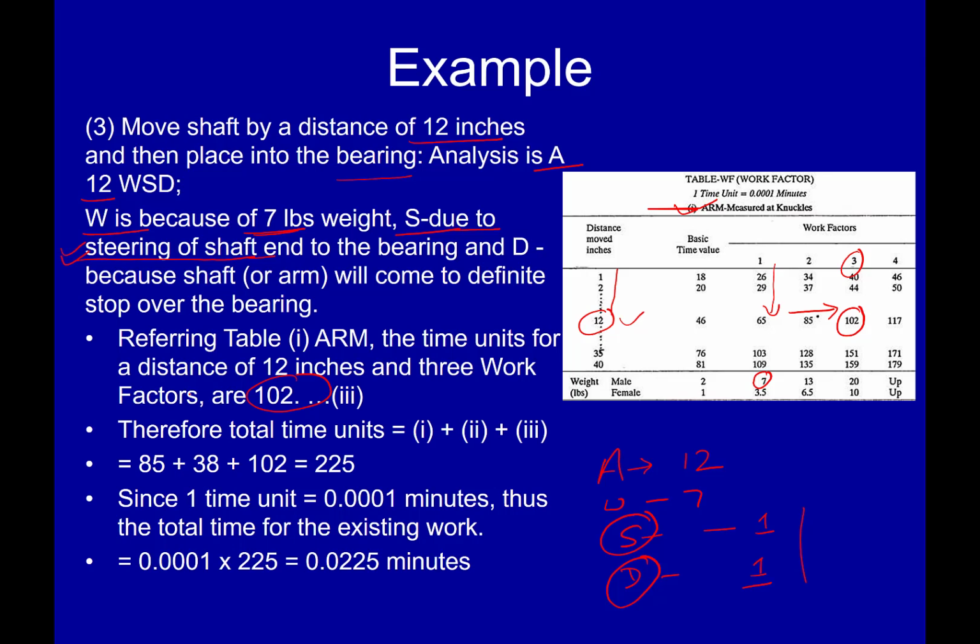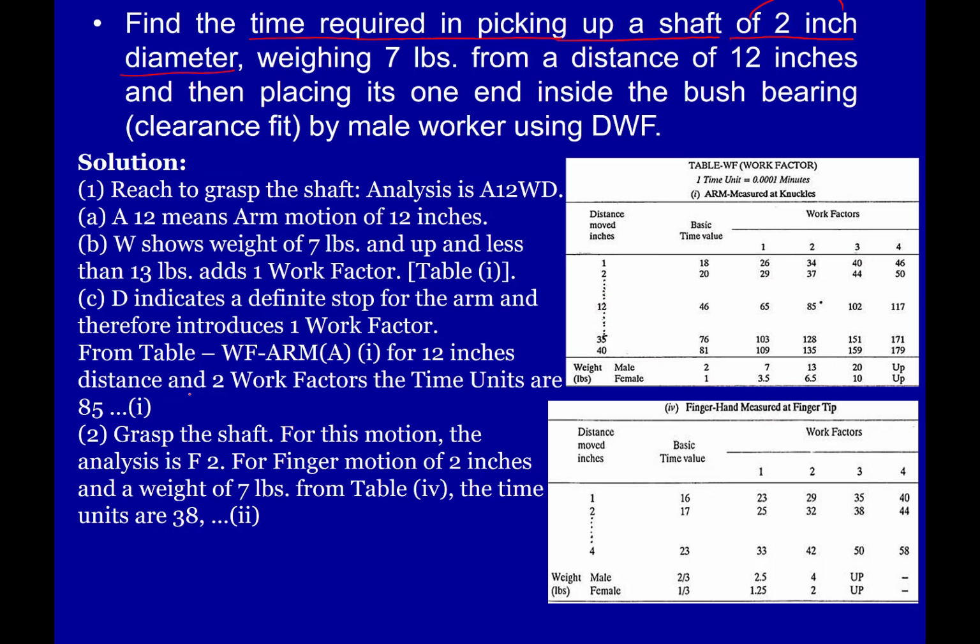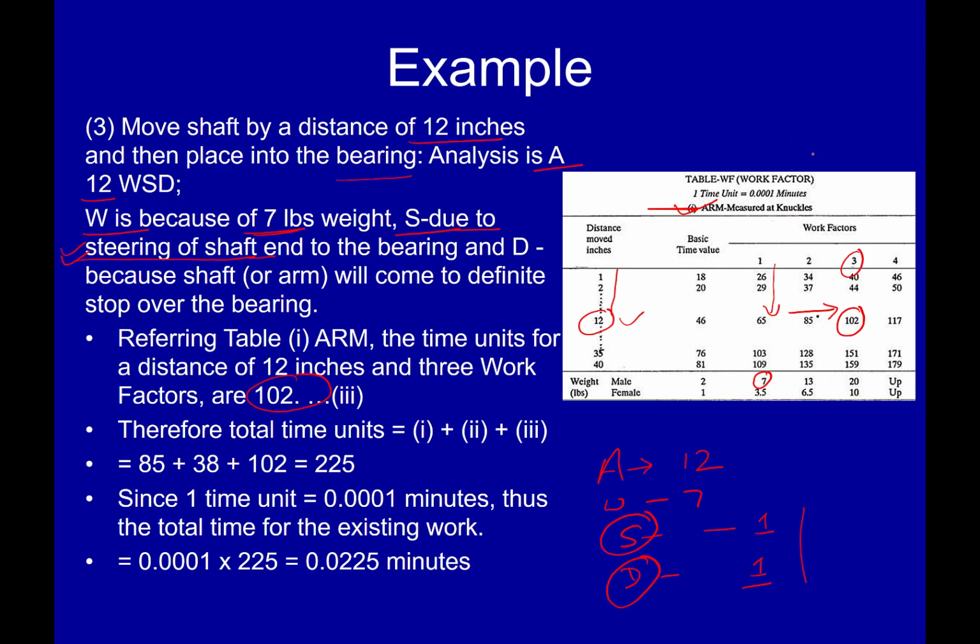Now we have got the time for all 3 different fundamental actions: reach, grasp, and then move and assemble. The time for the first one, reach, was 85, for grasp 38, and for the last one 102. So the total time for these activities is 225.